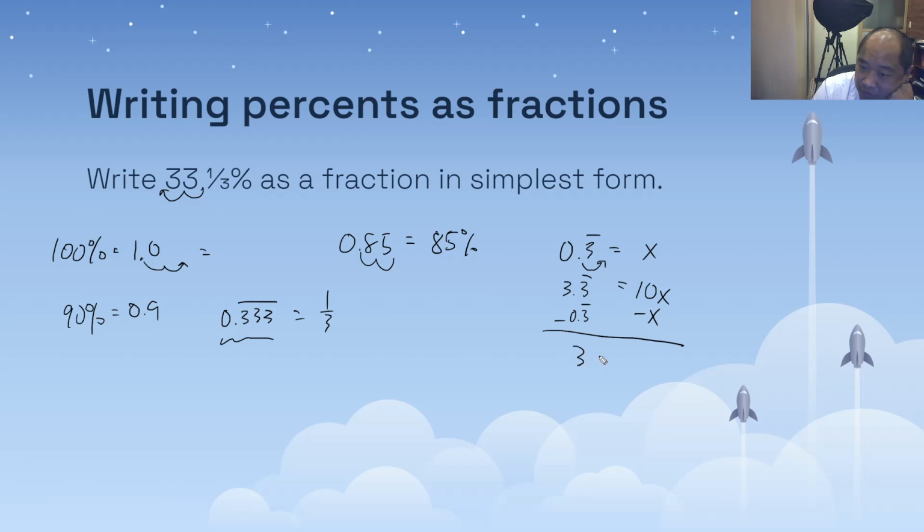And that leaves you with 3 equals 9x. Then you just divide both sides by 9 to get rid of that 9. And then you have 3 over 9 equals x. Then you simplify this. You can divide both the top and the bottom by 3, and you get 1 over 3 equals x. So that's how you do that.